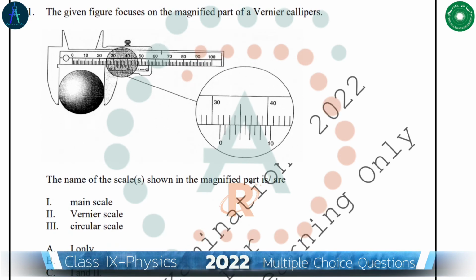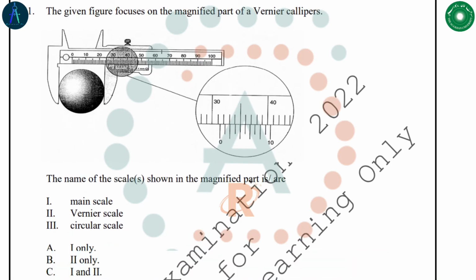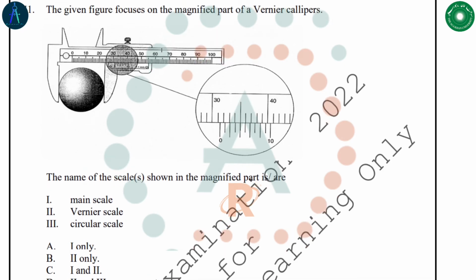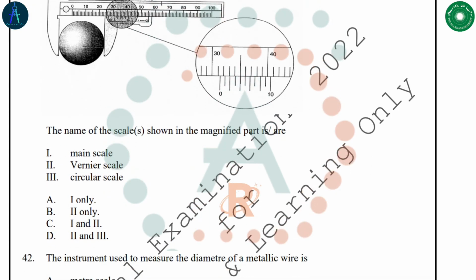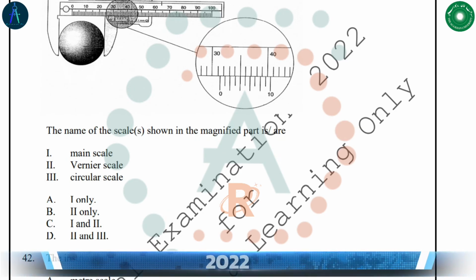Then we have question number 41. The given figure focuses on the magnified part of the vernier caliper. The name of the scale shown in the magnified part is... As we can see, we have two scales.